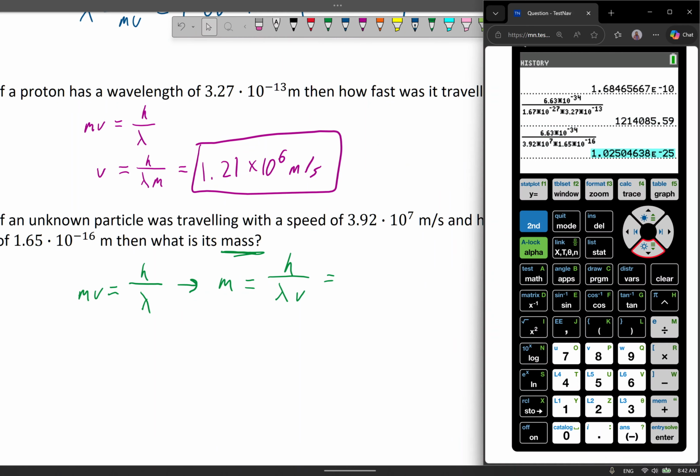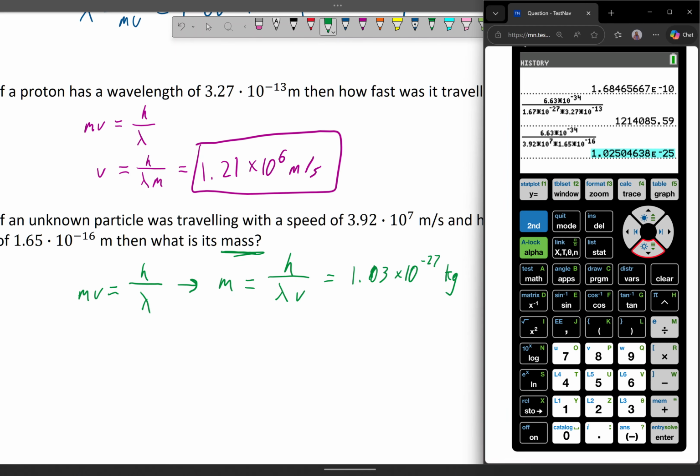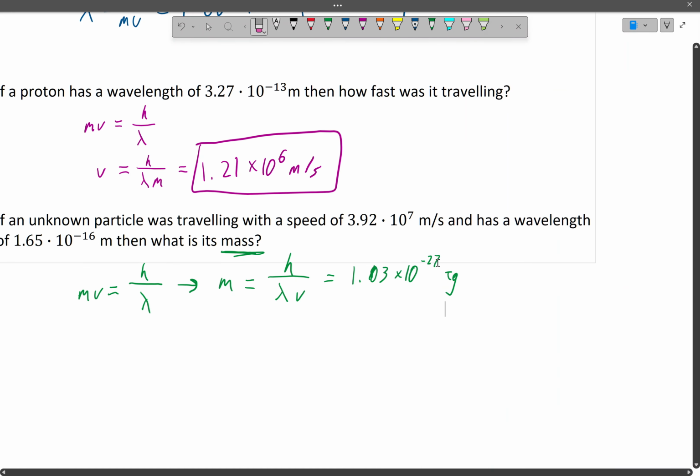There you go, that is our answer: 1.03 times 10 to the negative 27. Is that right? No, 25. I said negative 27. Negative 25.